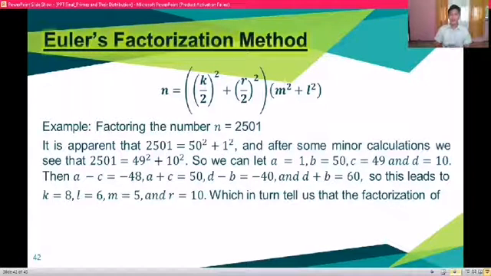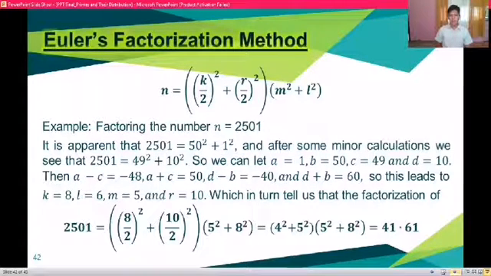Now, gamiton na po nato itong pinakalas nga formula kung paunsa makuha ang factors, then given naman ang N. So again, the formula N is equal to K over 2 raised to 2 plus R over 2 raised to 2 times M squared plus L squared.